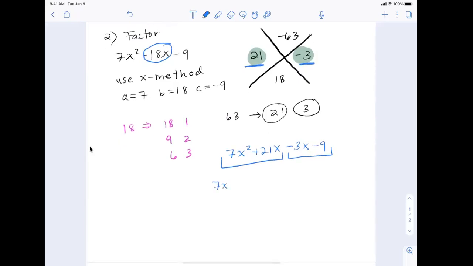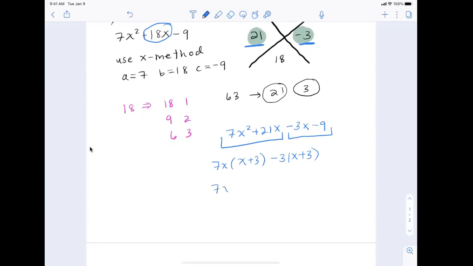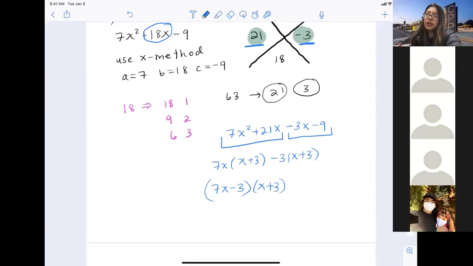You factor out a 7x from the first, you get x plus 3. You factor out a -3 from the other, and you get x plus 3. So your answer is 7x minus 3 times x plus 3. Questions here.